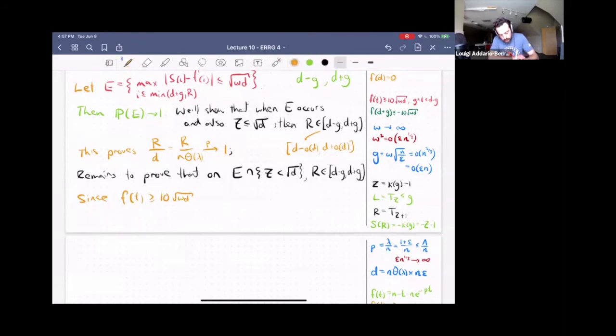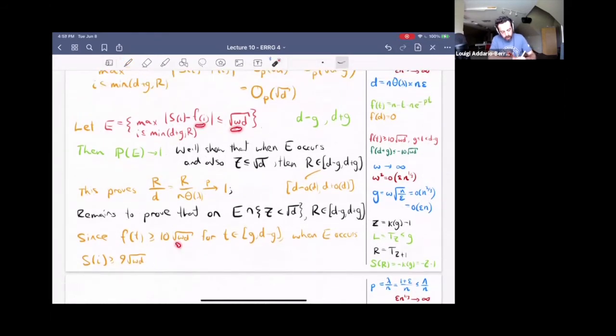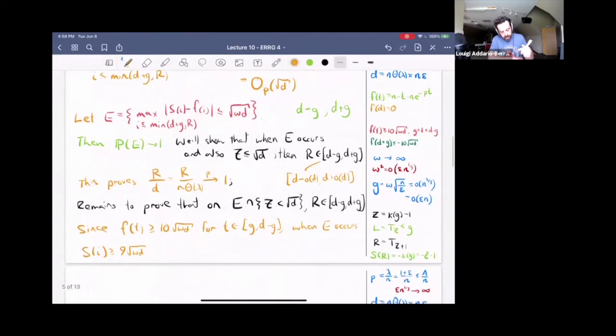So we know that this holds for t between g and d minus g. So that means that when E occurs, we will have S of i at least 9 root omega d, right? Because the error is at most root omega d, and f is 10 times bigger than that. And in particular it is positive for t in this interval g to d minus g, right?